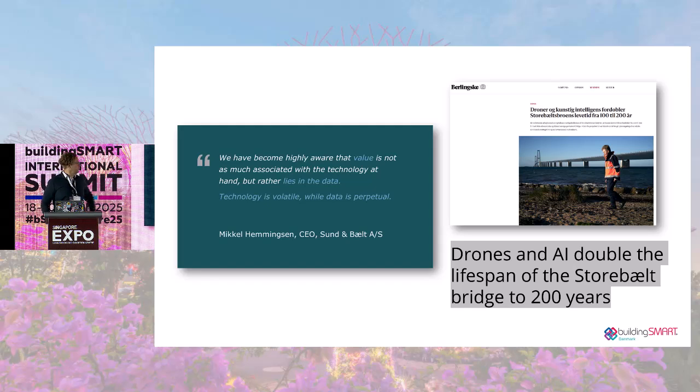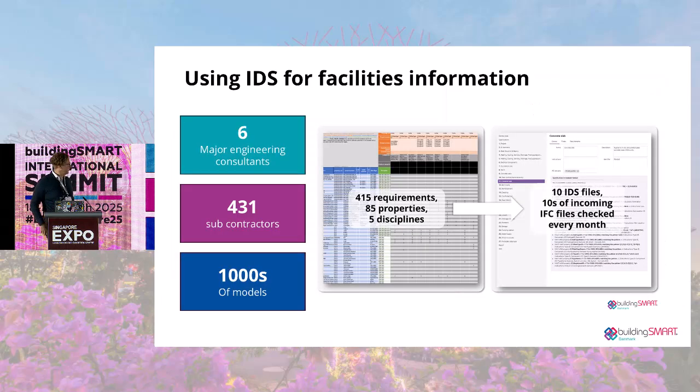So they also own the Big Belt Bridge, which is between the two major islands in Denmark. And actually, it says here by drones and AI, but actually by having good facilities data, they extended the lifetime of the bridge to 200 years. So that was the major motivation to also implement it on the Fehmarn link.